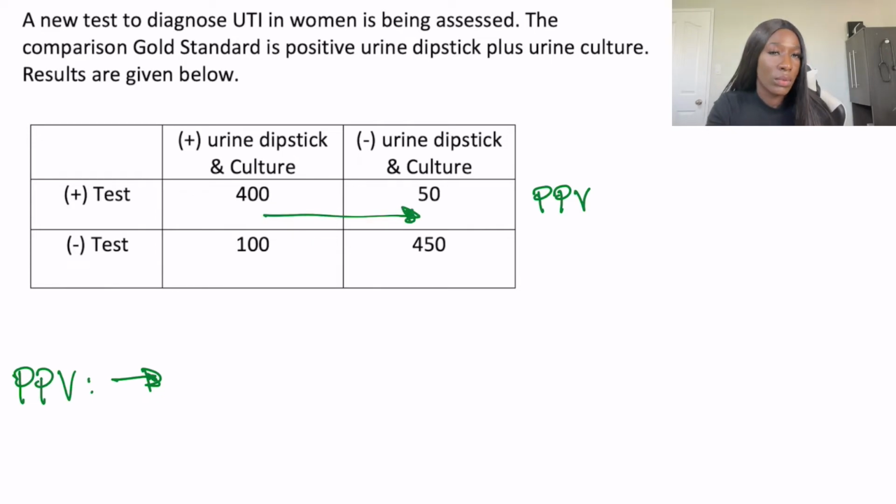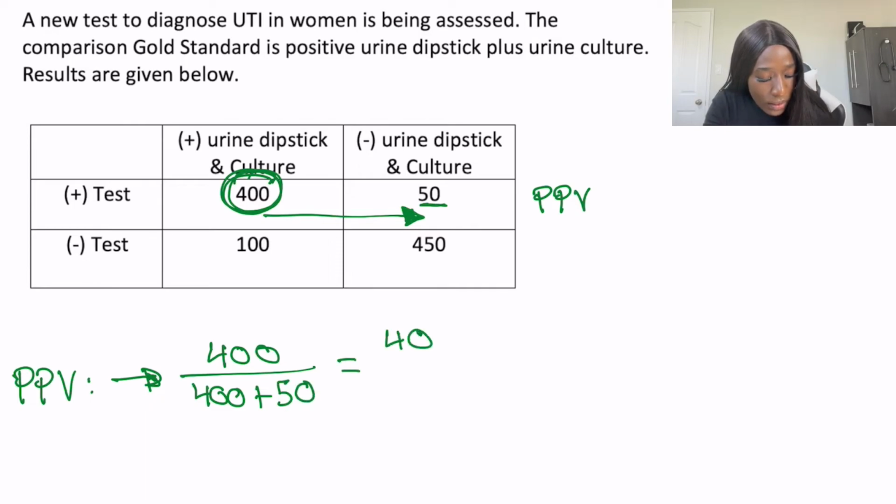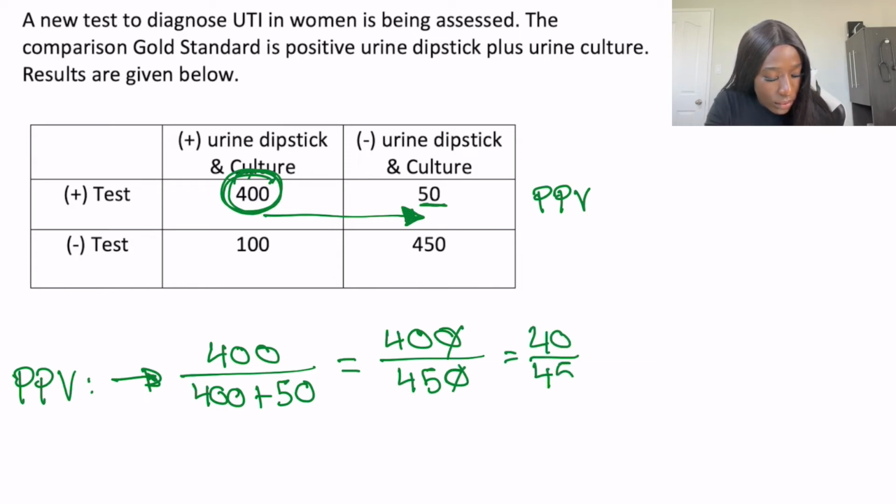Now, same thing. What did I say? Wherever the arrow starts, you will circle this and you put it on top, and you're going to divide it by, again, whatever you circled, plus wherever your arrow ends. This is 400 divided by 450. It's 40 divided by 45.